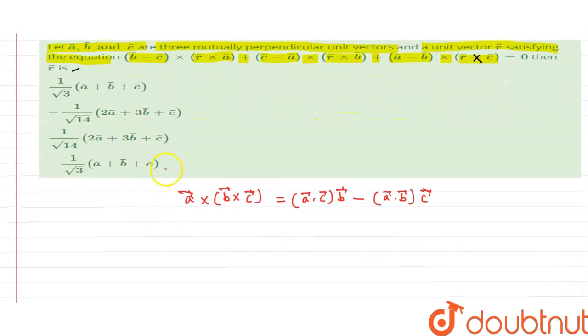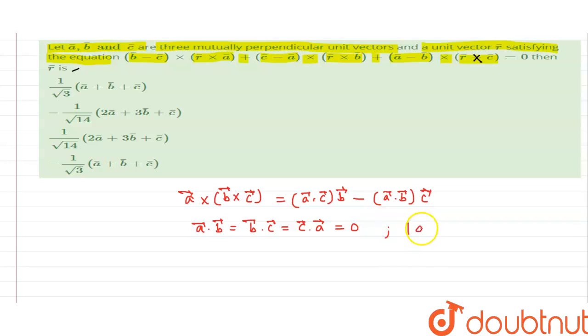Another thing given in the problem is that A dot B, B dot C, C dot A are 0 as the vectors are mutually perpendicular, and modulus of A, modulus of B, modulus of C are also 1.